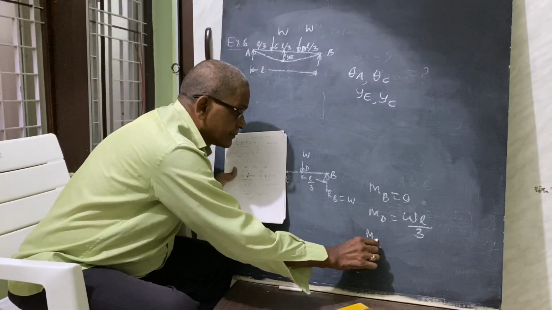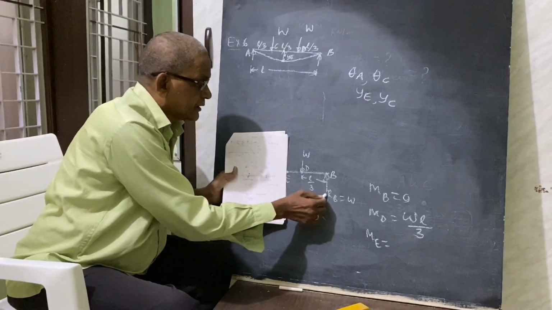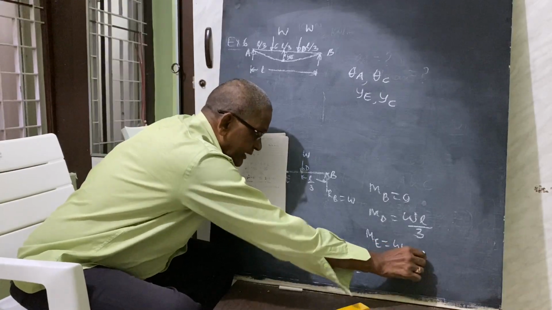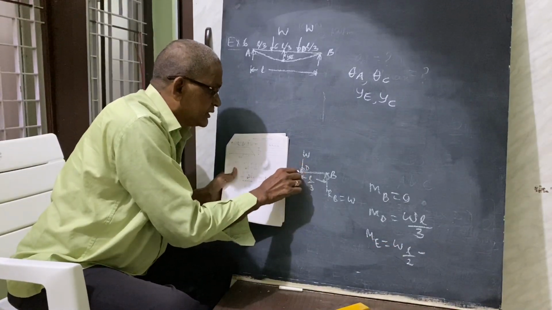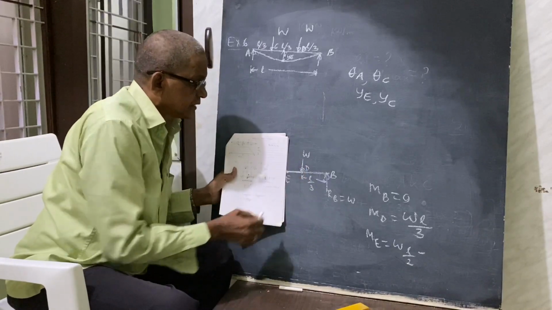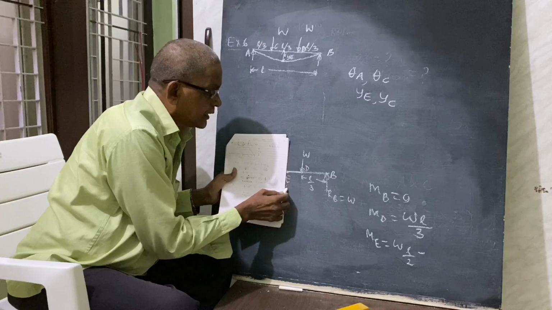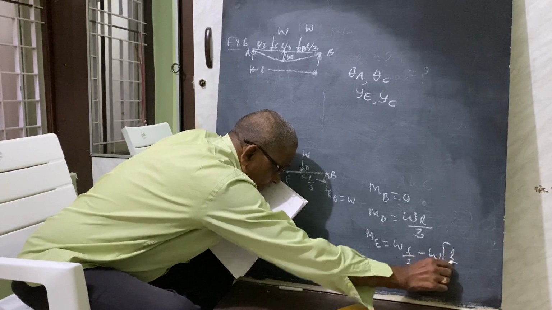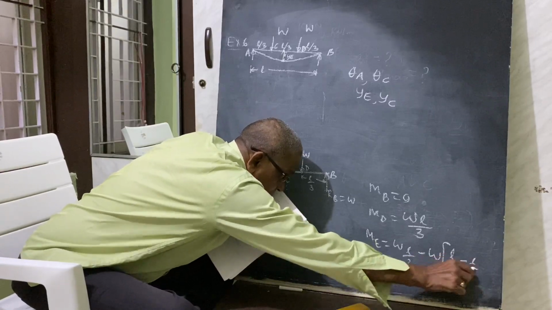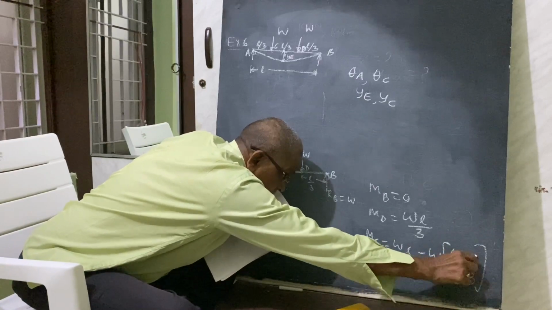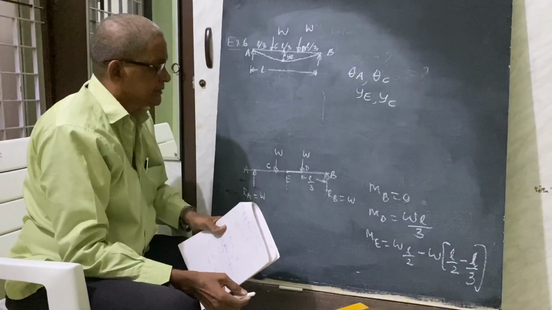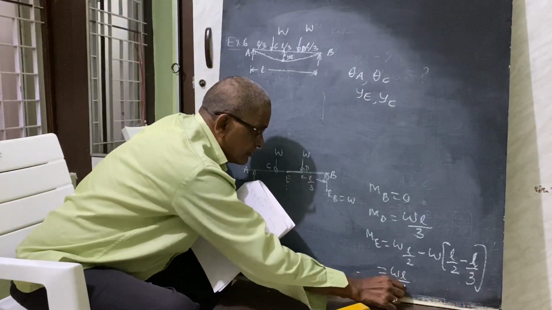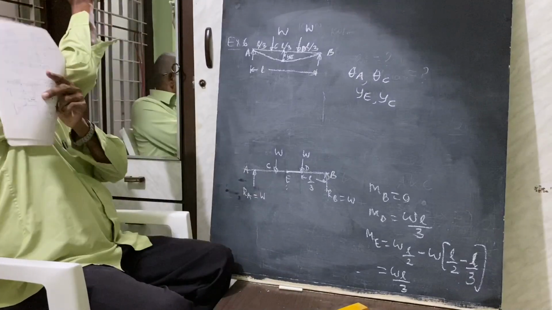W into L by 2 minus W into the distance from here to here, which is L by 2 minus L by 3. That will also come to be WL by 3.